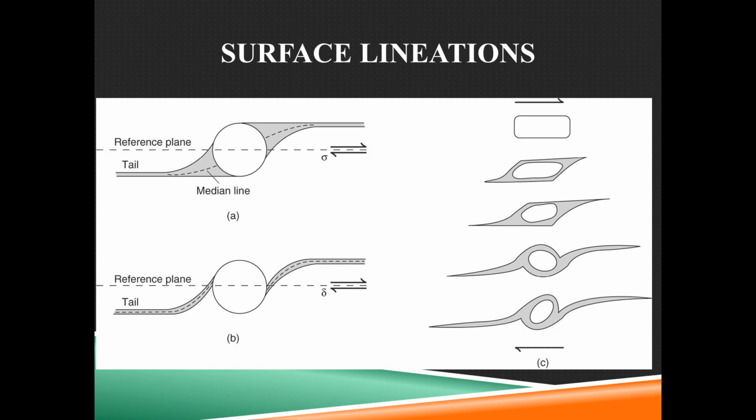The grains can get stretched and distorted. You can see here that in both cases the top half is moving to the right, the bottom half is moving to the left, so we have shearing going on, and the grain is getting these tails.